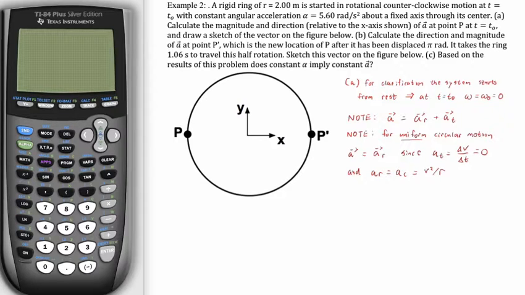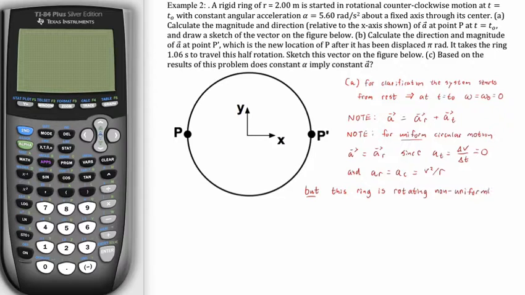But now we have a system that isn't uniform. This is a non-uniform circular rotation. So let's say this ring is rotating non-uniformly.